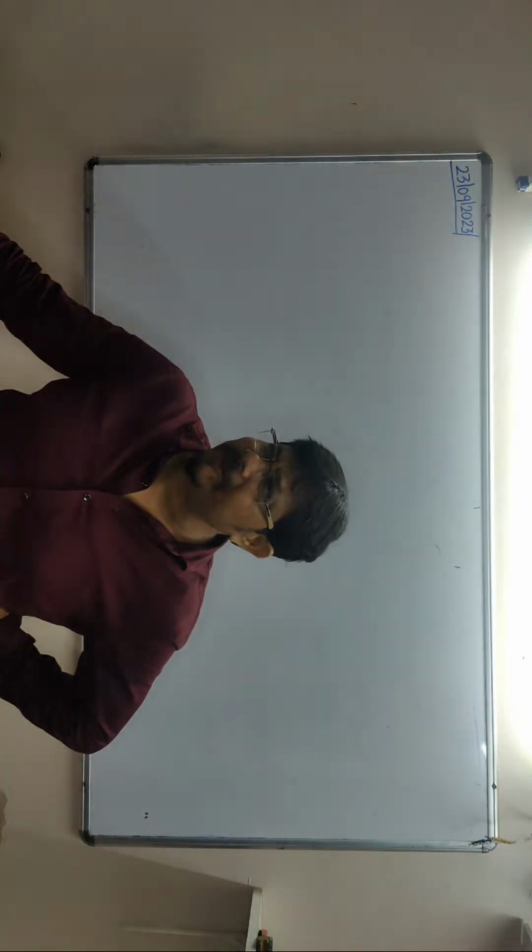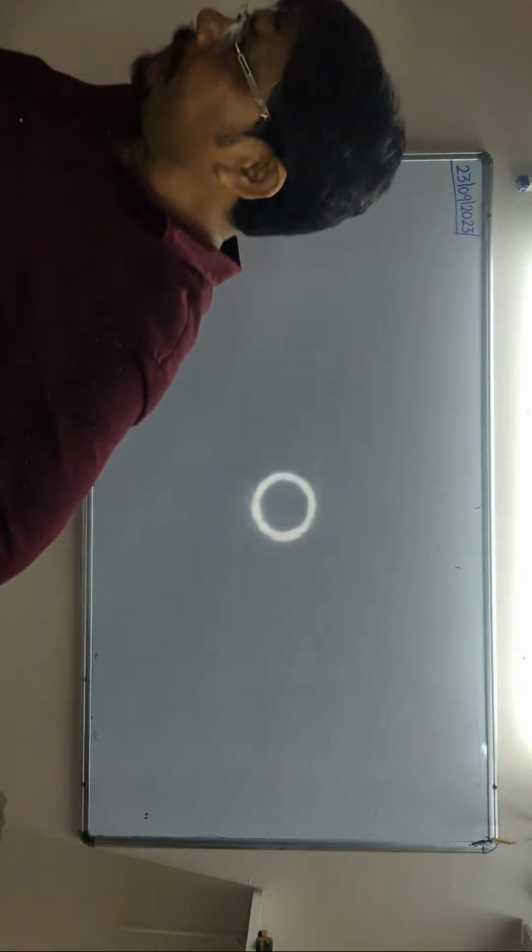Very interesting topic. So, I will explain the graph. I think you must be enjoying the chapter. This is a fantastic chapter. That is the relation between the intensity of light and the stopping potential and the saturation current.